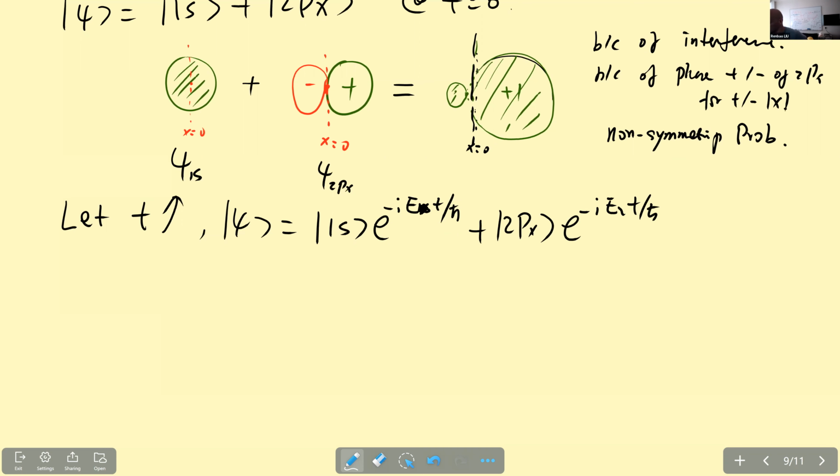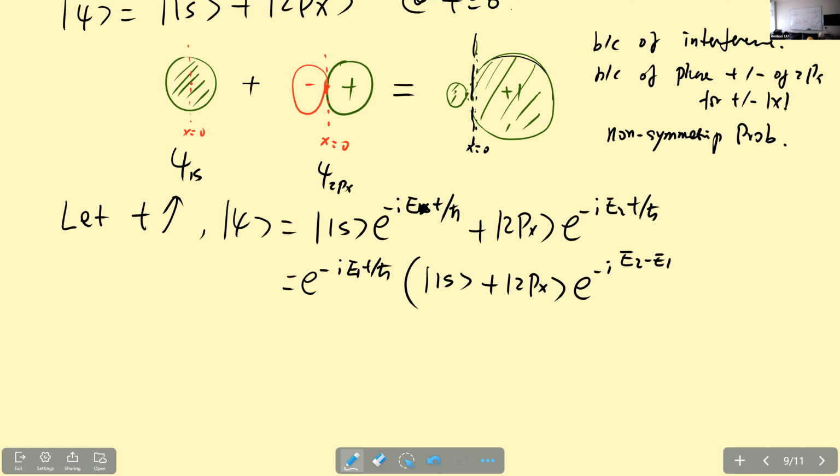And this one can be written as e to the minus i E1 t over h bar. That's a global phase factor. What's inside now is 2px e to the minus i (let me call this E2 minus E1) t over h bar. Right, so that's the state.